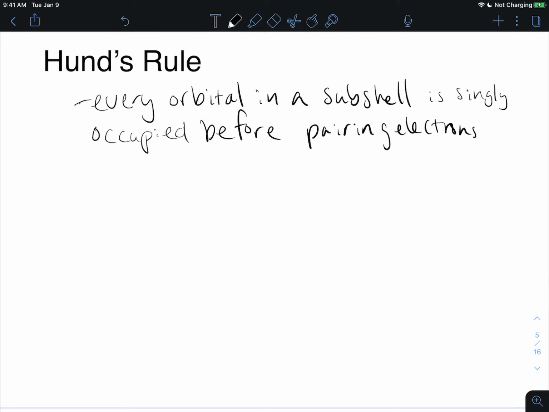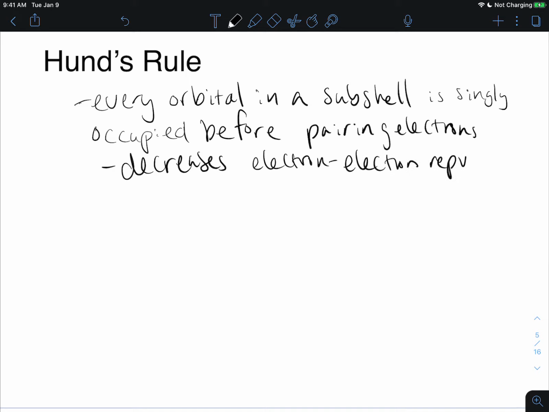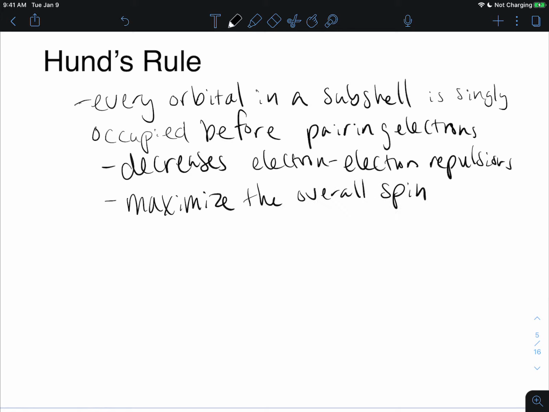This does two things for us. This is going to decrease electron-electron repulsions. Additionally, it's going to maximize the overall spin. If we add electrons in singly first and they're all spin up, we maximize that spin.